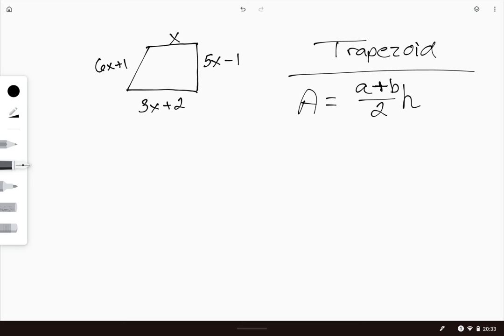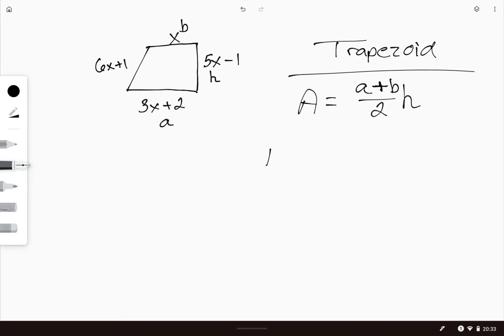So for side A, I'm going to assign 3x plus 2 as side A. x is going to be my measurement for side B. And then 5x minus 1 is the height. Okay, so when you're working with the trapezoid, in today's lesson, the side that looks just like the one here is going to be your height.